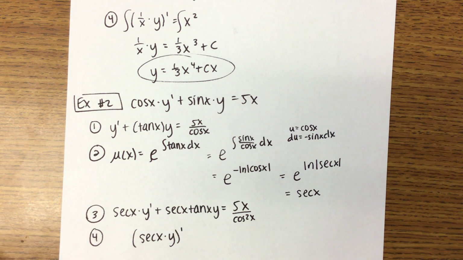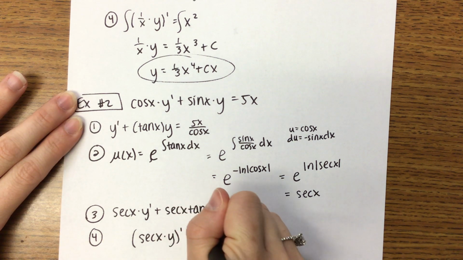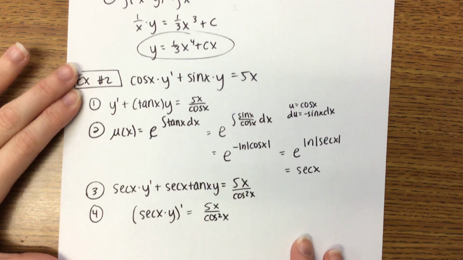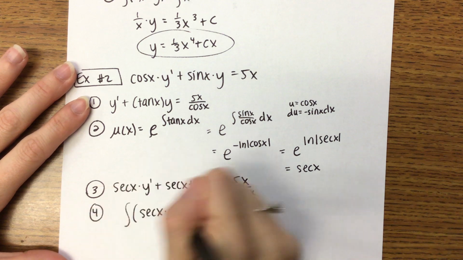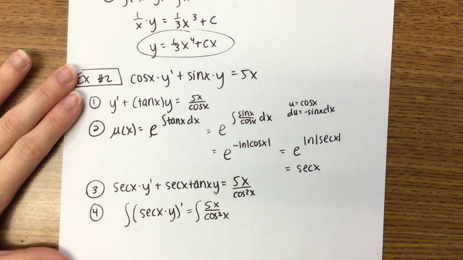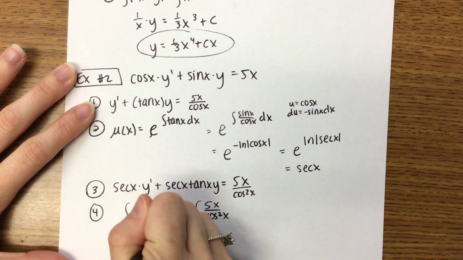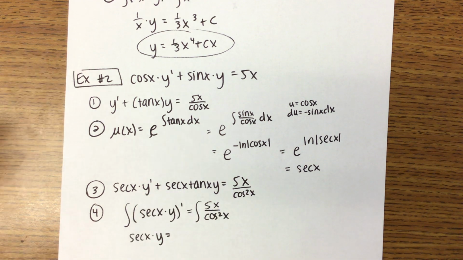Again, make sure that's the case, because that tells you that you found the correct integrating factor. Derivative of y is y prime, so we get secant times y prime. Derivative of secant x is secant x tangent x times y, so that checks out. Now we're left to integrate on both sides. Left side, we get secant of x times y.